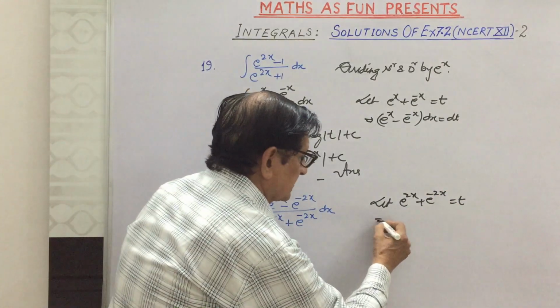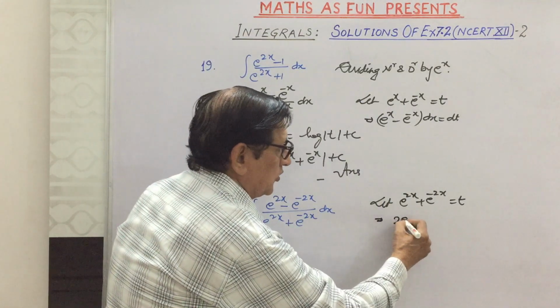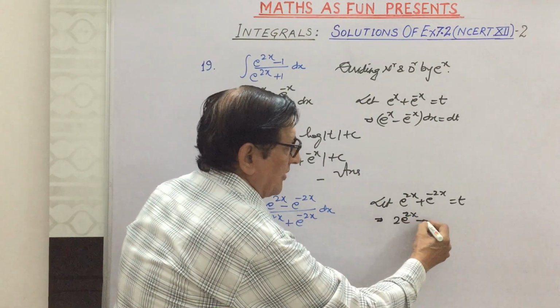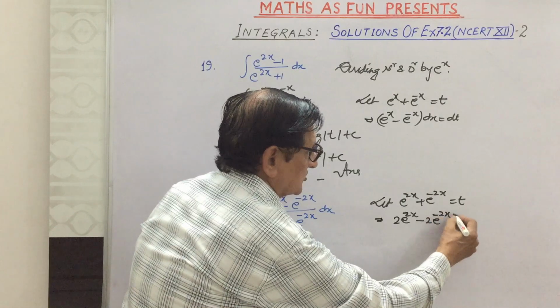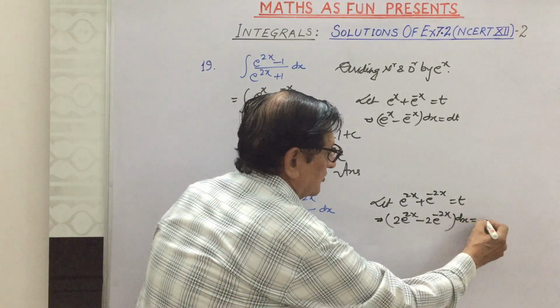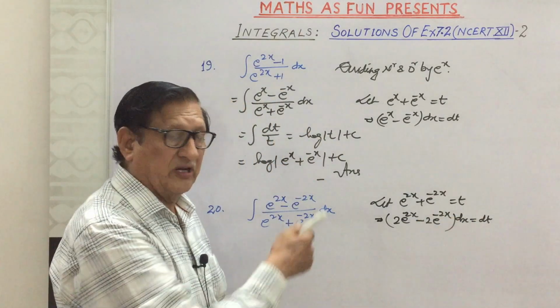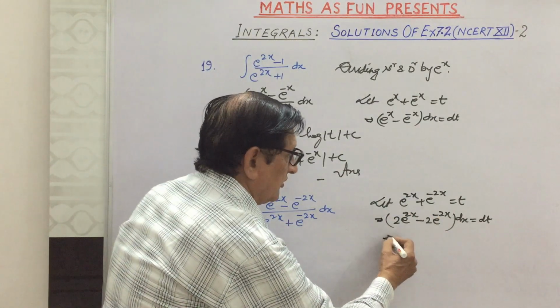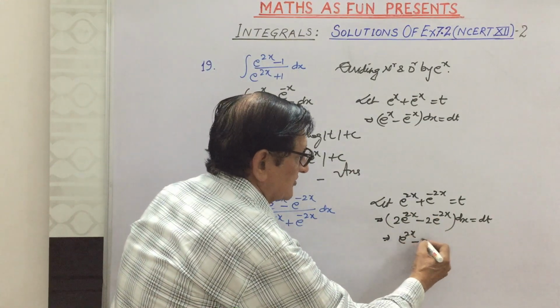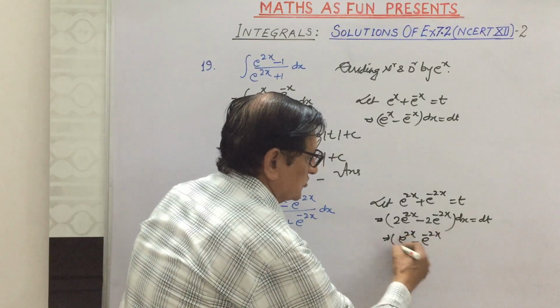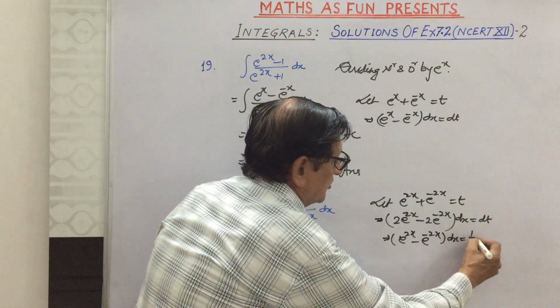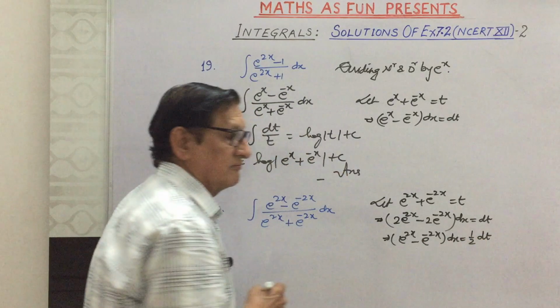And differentiating this with respect to x, we get 2 e to the power 2x minus 2 e to the power minus 2x dx equal to dt. If we divide both the sides by 2, we get here e to the power 2x minus e to the power minus 2x dx is equal to 1 upon 2 dt.